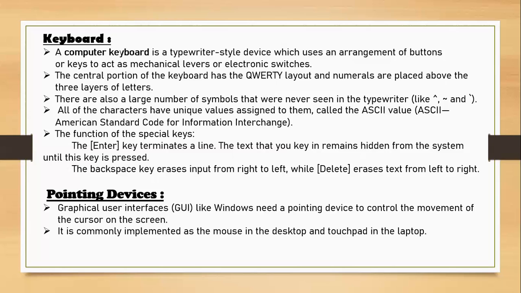It is commonly implemented as the mouse on the desktop and the touchpad on the laptop. We need a pointing device like a mouse to control the movement of the cursor on the screen. Again, a pointing device like a mouse is a very good example of an input device.